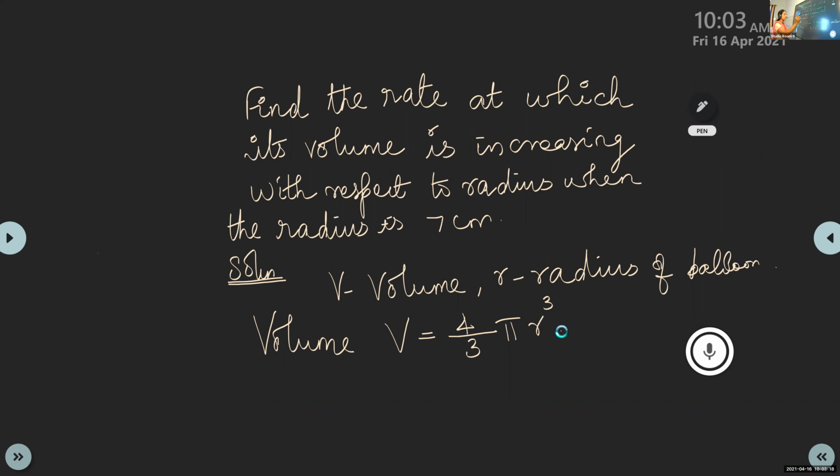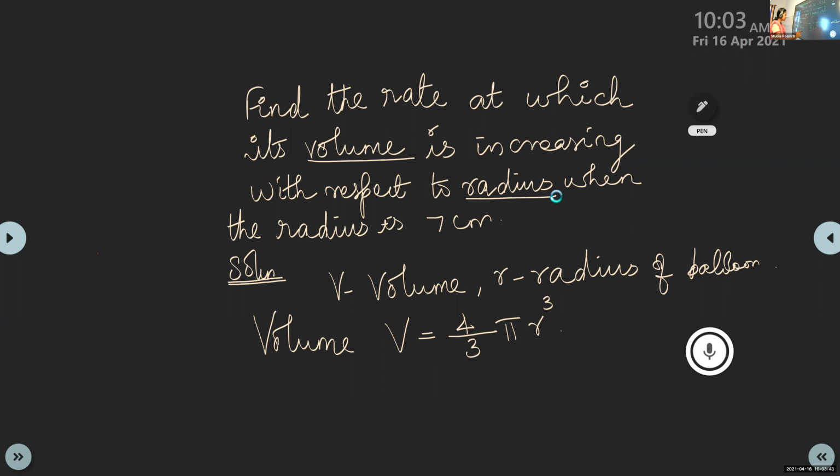Here, volume is increasing with respect to radius. That means volume is changing with respect to radius, so we have to find dV/dr. Is it clear? Find the rate at which its volume is increasing with respect to radius.